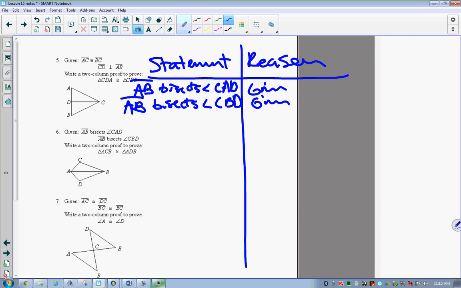Okay. All right, we've seen this. Again, this is kind of reusing. You can go back to, I think, probably question number 1. We saw this in question number 1, right, where we had a segment that bisected an angle. What did we say about that?